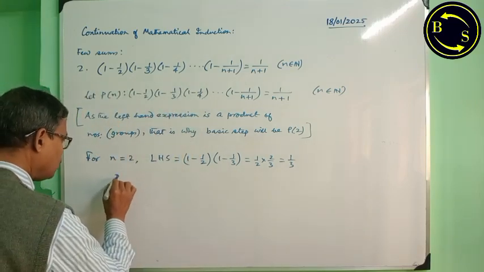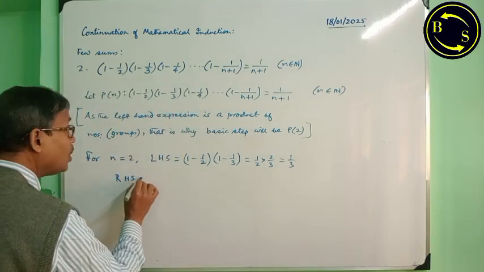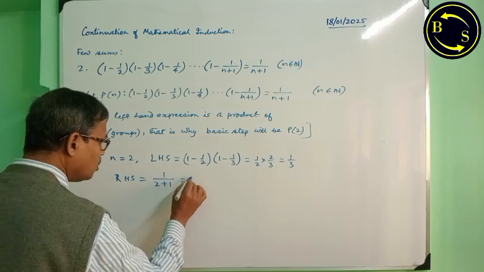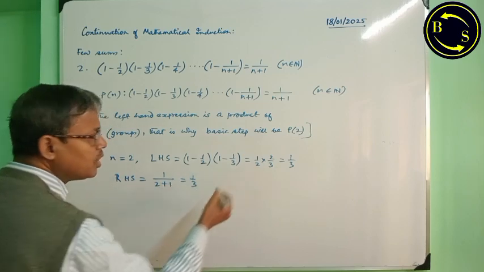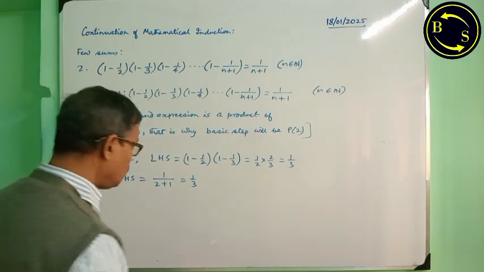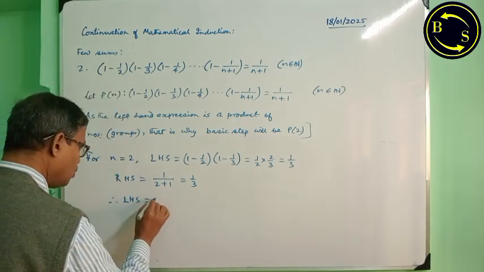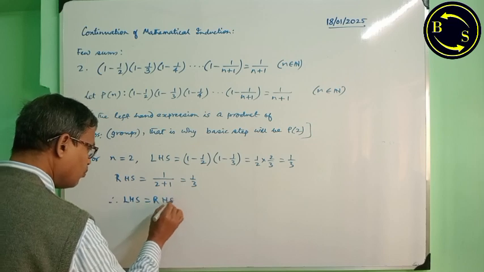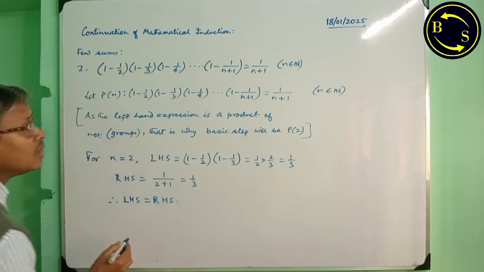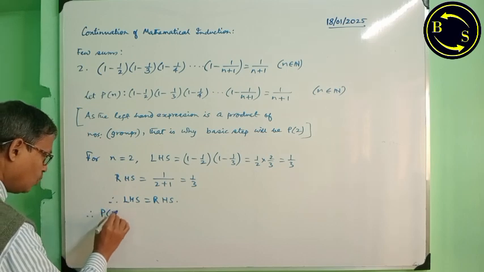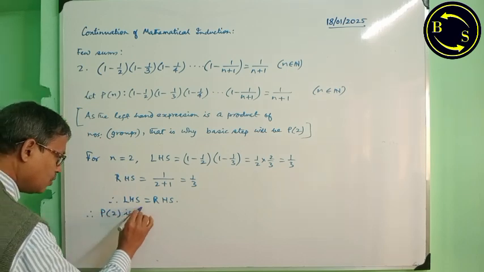RHS equal to 1 by 2 plus 1, 1 by 3. Now we see these two are equal, therefore LHS equal to RHS. Therefore the immediate comment will be, therefore P2 is true.